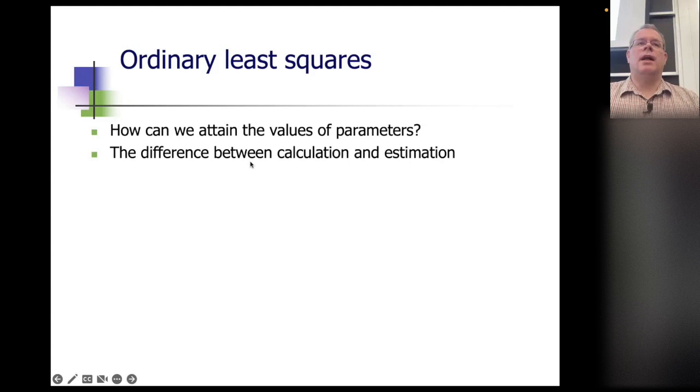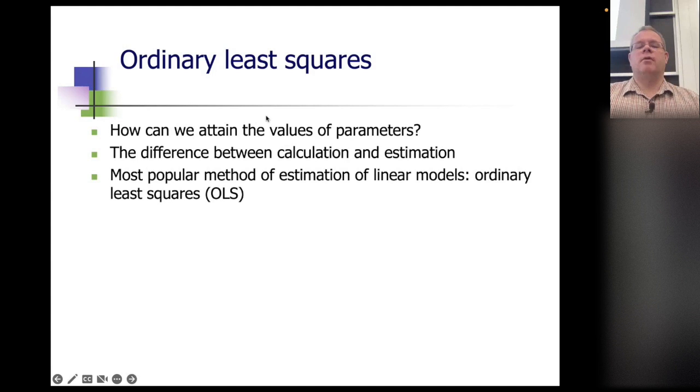You can calculate a value of certain function, but in case of parameters, if you want to think of those as population parameters, you only estimate those. And of course, you base your estimation on the values of parameters calculated in certain sample. And the ordinary least squares allows you to get those parameters in the sample, which you should think of as the estimates of parameters in the population from which your objects come.